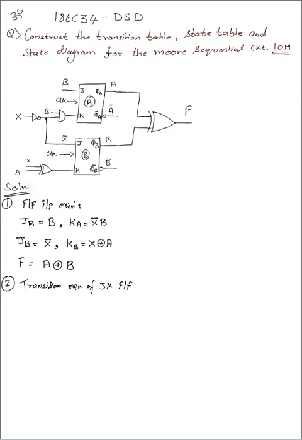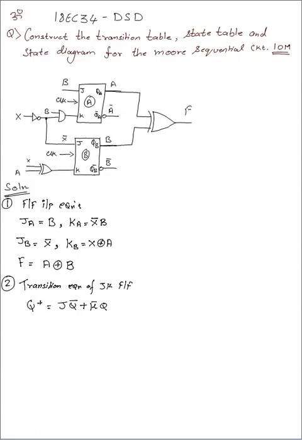So the general equation Q plus is given by J Q complement plus K complement Q. Now we are going to substitute this for QA and QB.